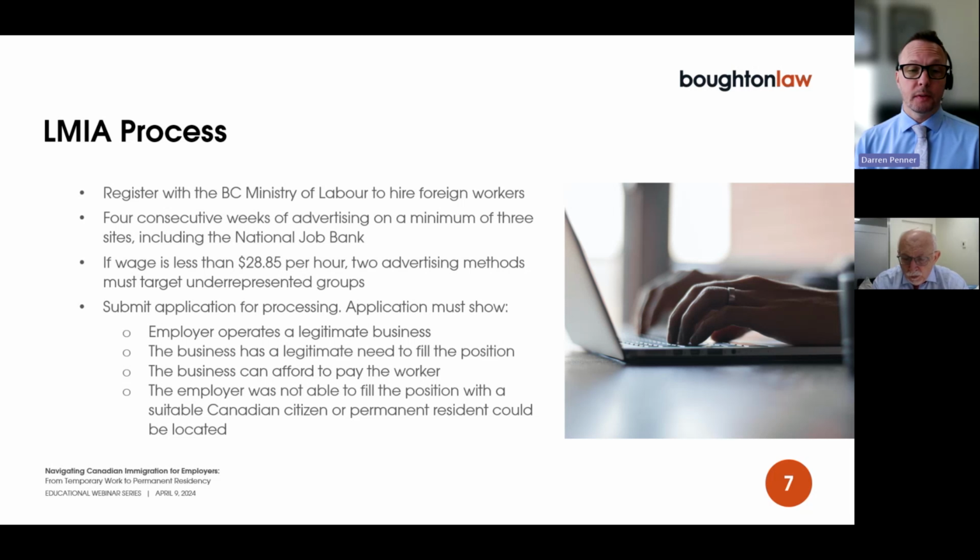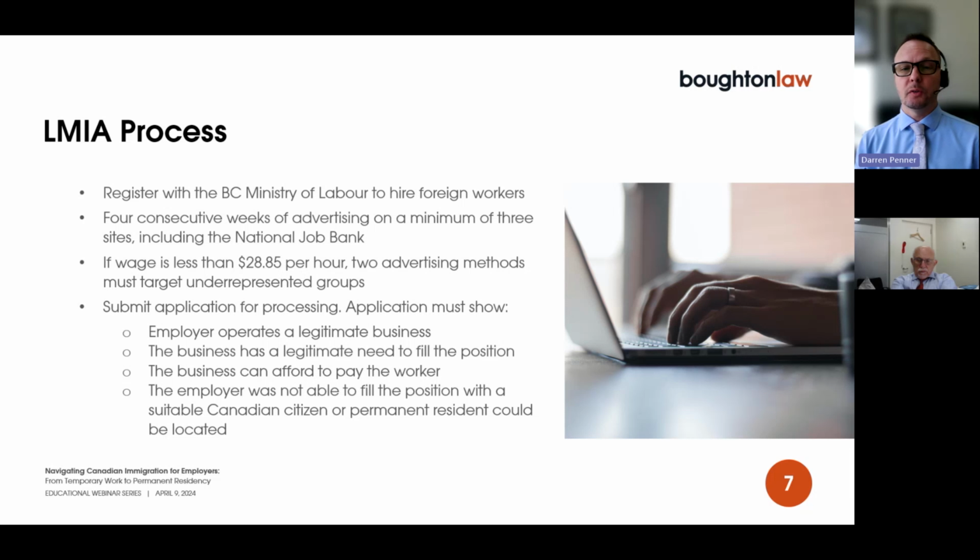The next thing we have to do is advertise the position for 4 weeks. It has to be 4 consecutive weeks on a minimum of 3 sites. One of those sites has to be the National Job Bank. We do more. We usually advertise on 6 or 7 sites, just so we're absolutely clear that we've exceeded the minimum advertising requirements.